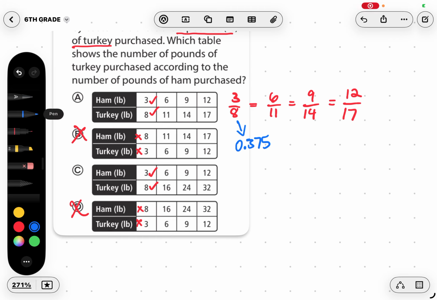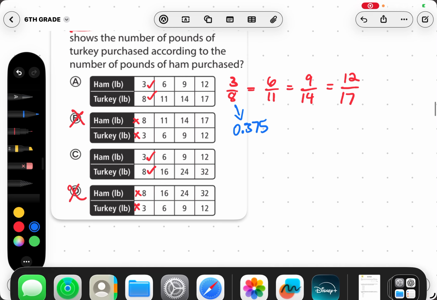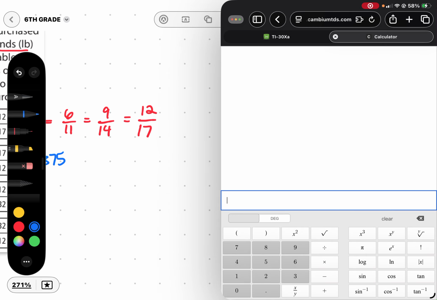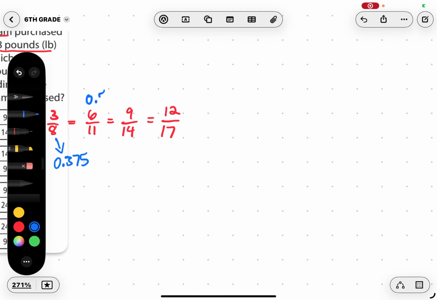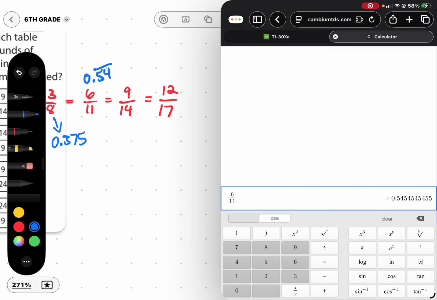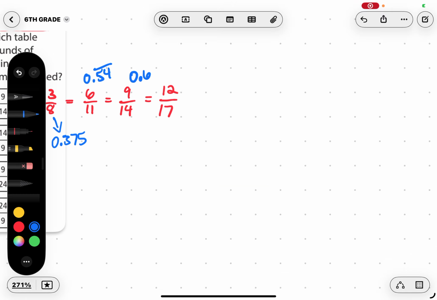We would type all these in, and these other ones didn't equal 0.375. So let me just write out what they did equal real quick. The last one, 6 divided by 11, was 0.54 repeating. 9 divided by 14 was 0.64 approximately.